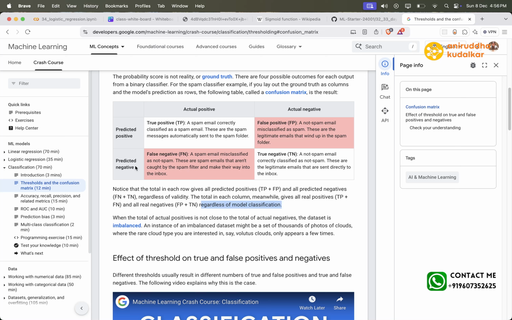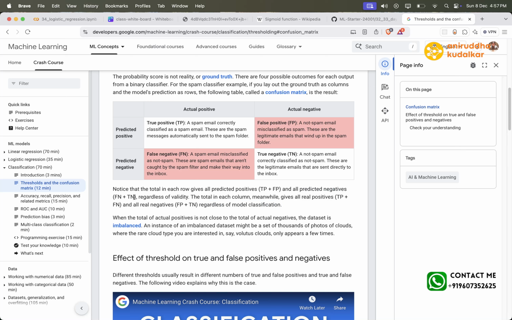Here false negative, predicted negative, and true negative. So each row gives you the predicted positives TP plus FP and all predicted negatives FN plus TN, regardless of validity.